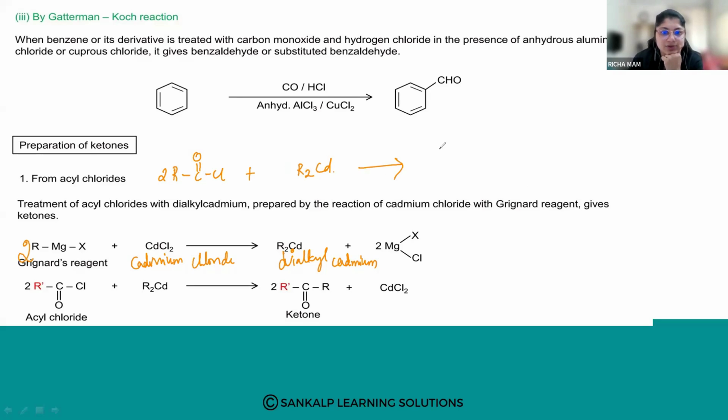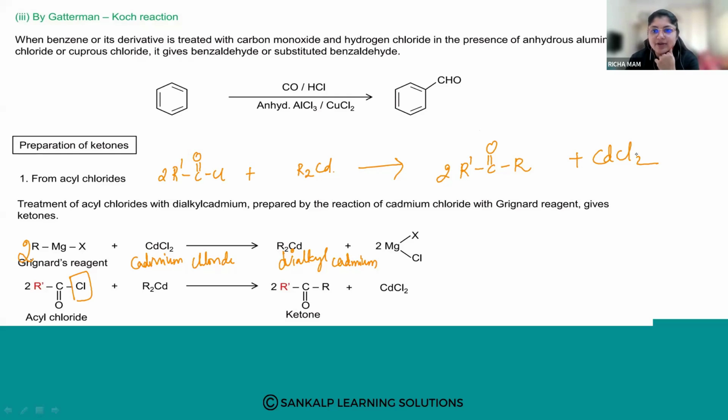Your Cl is the good leaving group. So what will you get? 2R, and we can take R dash, because there are two R, right? Plus cadmium chloride.